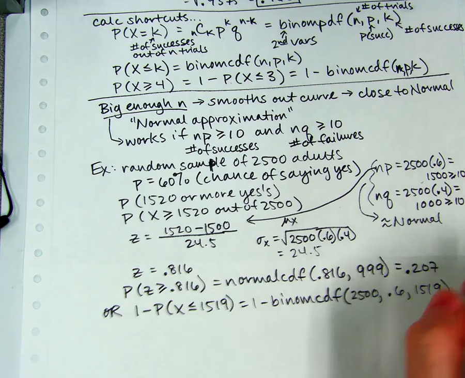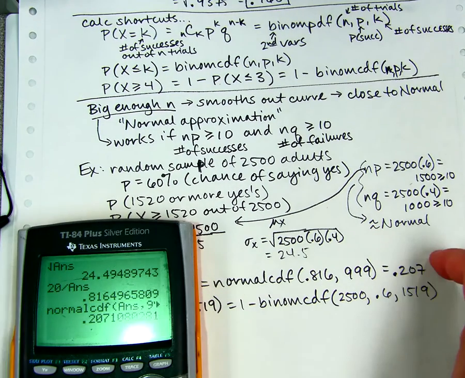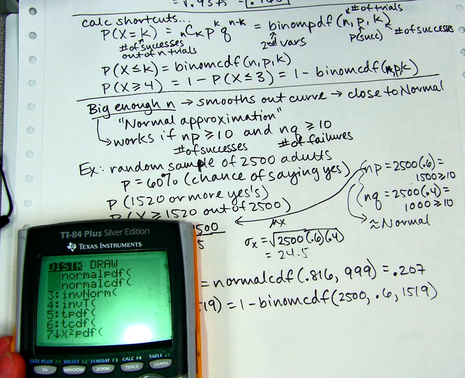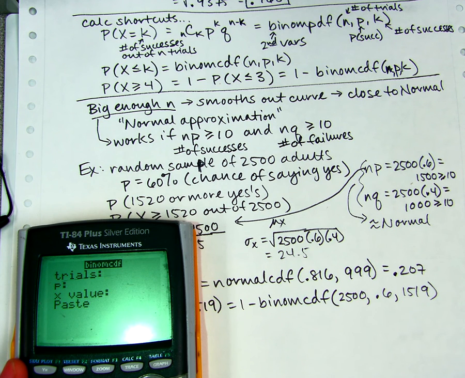And this should come out close, but probably not exactly the same because it is an approximation. This is an approximation. This is the accurate answer. So second bars, binom CDF, not PDF because I want less than or equal to, CDF, and I put in 2,500 and 0.6 and 1519.